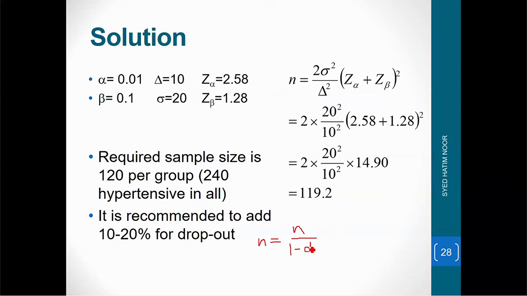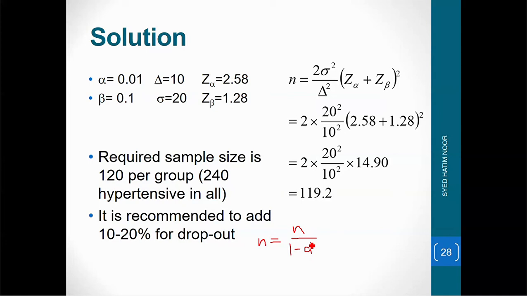For example, I use a survey by email. The dropout rate, or non-response rate, is very high because not many people will entertain your email. So maybe I estimate a 40% non-response rate.